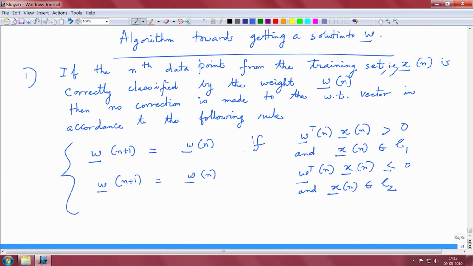I mean, the first part of the statement would anyway imply the second part of the statement, but I have written this for clarity.